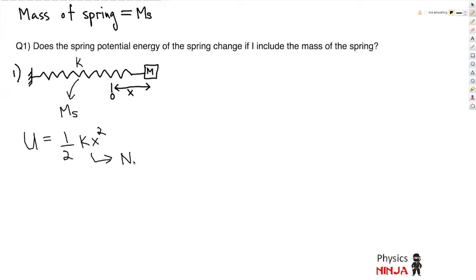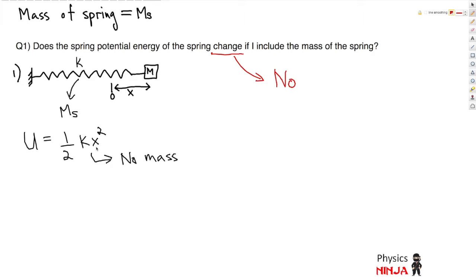It has no mass in there. Now, if we include the mass of the spring, this spring potential energy is not going to change. So when I ask the question, does the spring potential energy change if I include the mass of the spring, the answer is no. The spring potential energy does not depend on the mass of the spring. It only depends on these two parameters, on the spring constant and on the displacement.